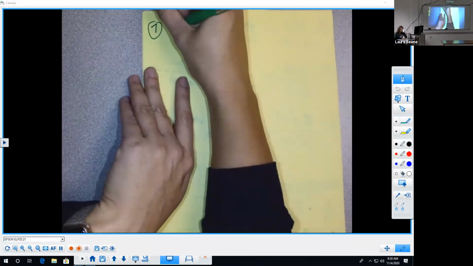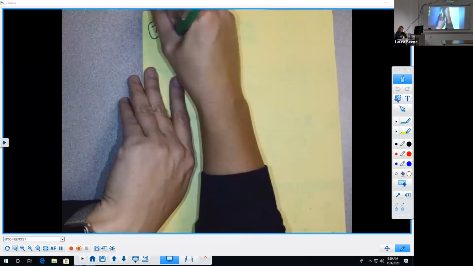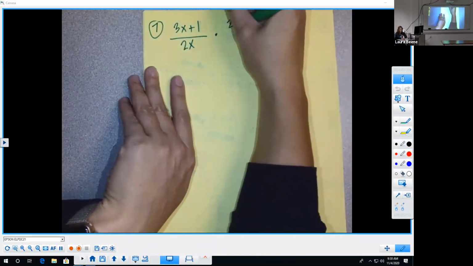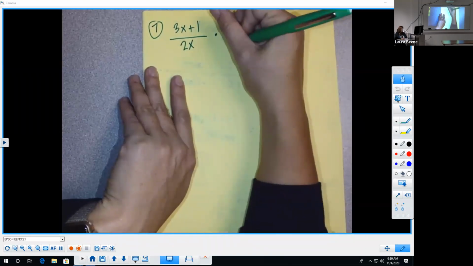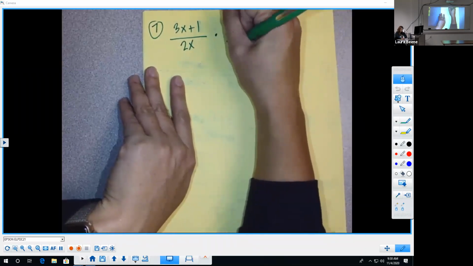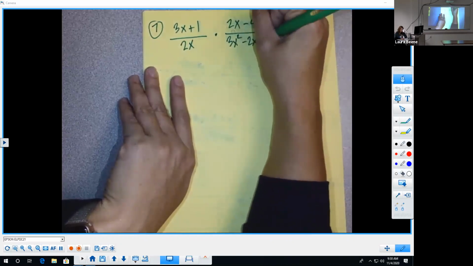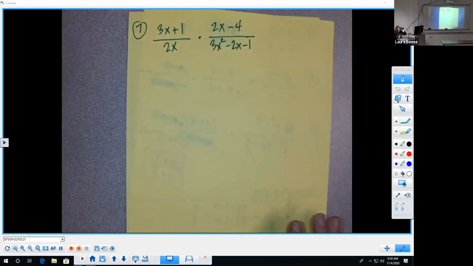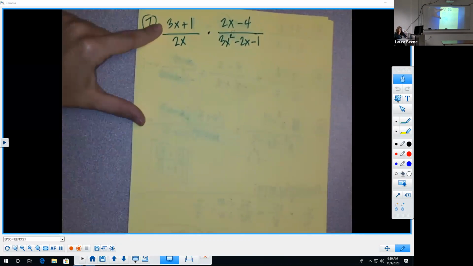If I had the problem 3x plus 1 over 2x times 2x minus 4 over 3x squared minus 2x minus 1. Okay, look at the top of the first one. 3x plus 1, can that factor?